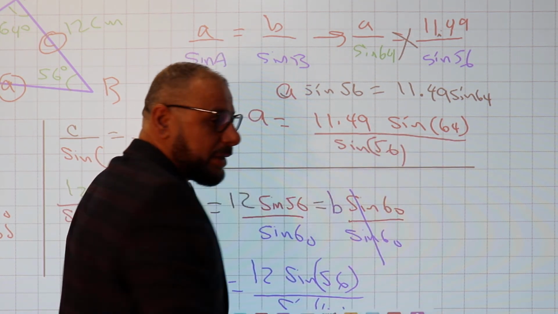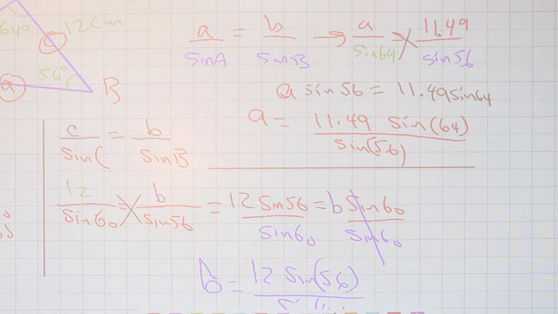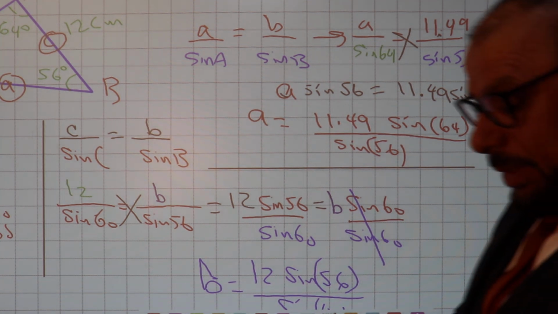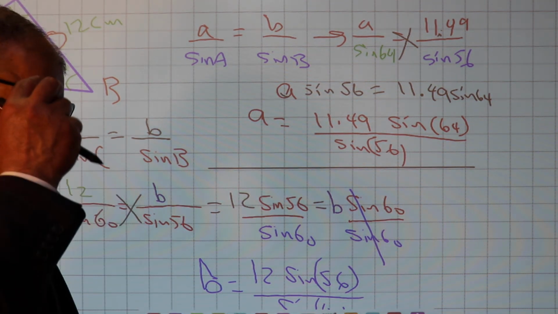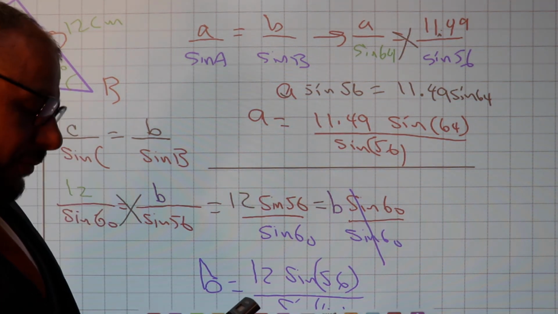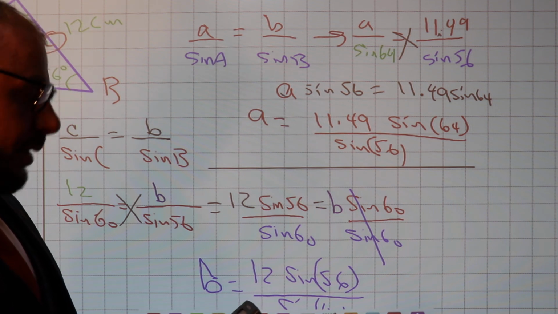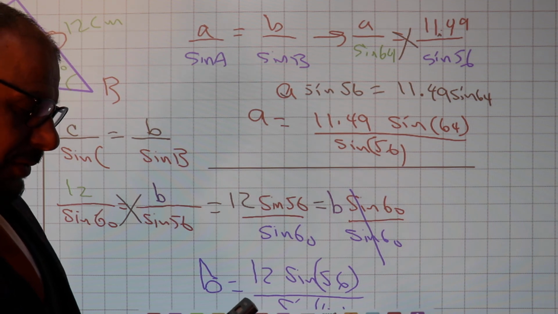I'm going to do the same thing in my calculator. 11.49 sine 64, divided by sine 56.